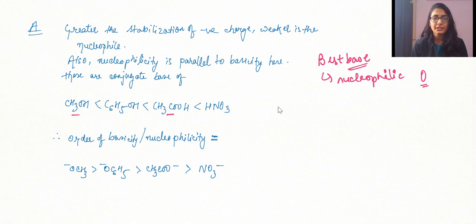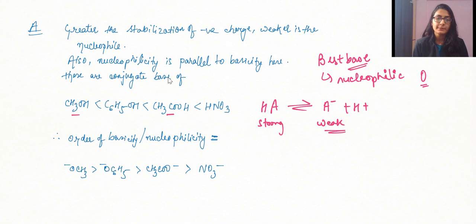Okay, so right now we know that the stronger the acid HA, the weaker the conjugate base, isn't it? So if it is very strong, then the conjugate base will be very weak. This is one more concept.